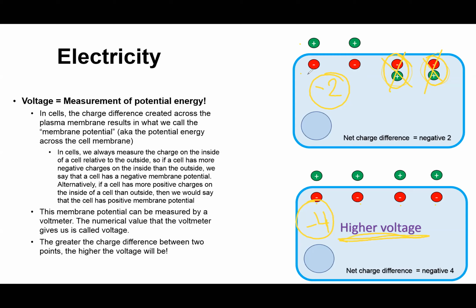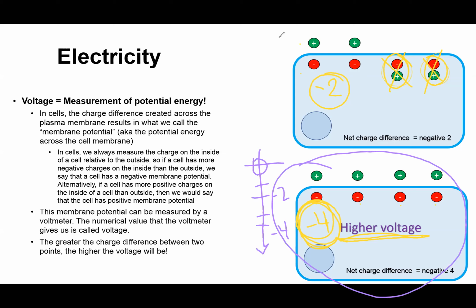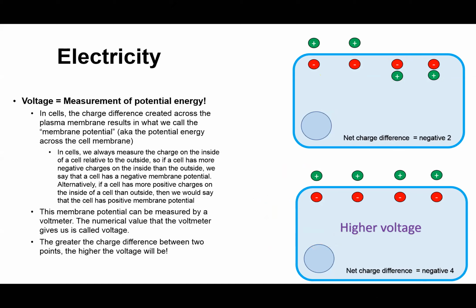Just because this number is farther away, if we did take a number scale here, this is 0, here's -2, here's -4. -4 is farther away from 0 than -2. And this will result in this cell down here having the higher voltage, okay? So I just wanted to point that out before we move on here.